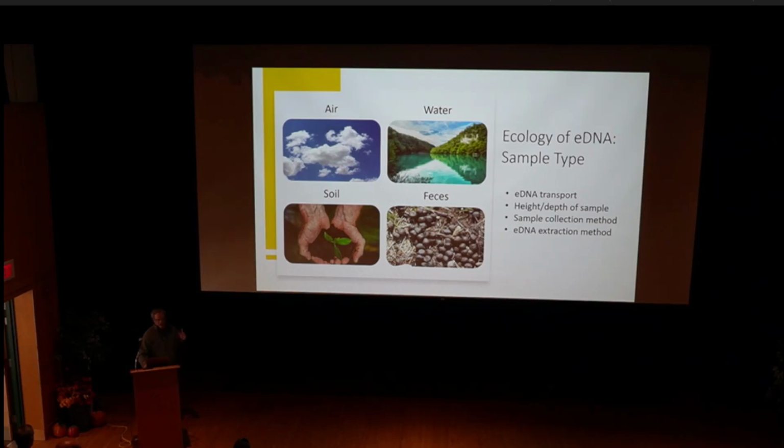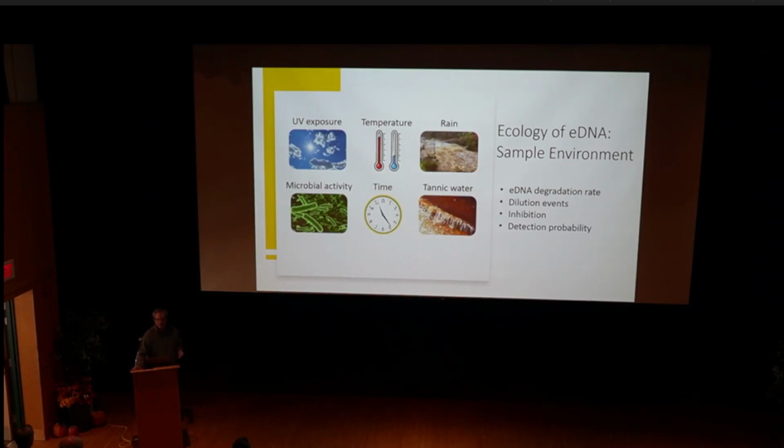I'm sticking with this theme of the ecology of DNA. One, it's the sample matrix that influences things, but it's also the physical environment. So UV exposure, temperature, rainfall, microbial activity, and the water chemistry itself. Those all influence the way DNA degrades through time, or if it's diluted, or if it's transported from other locations.